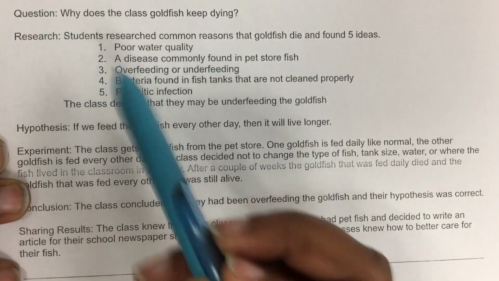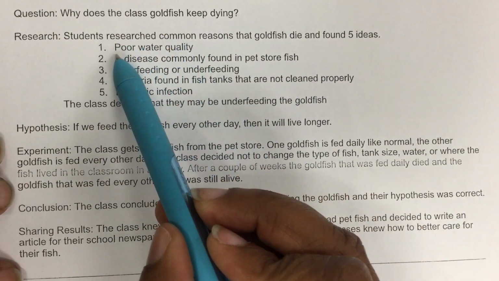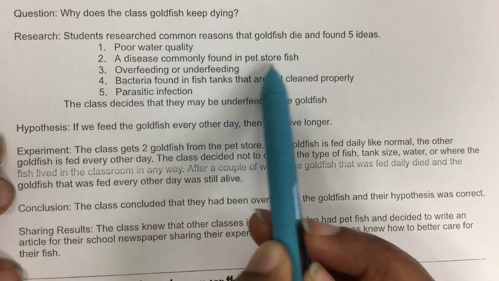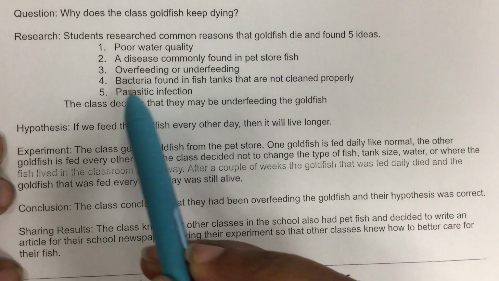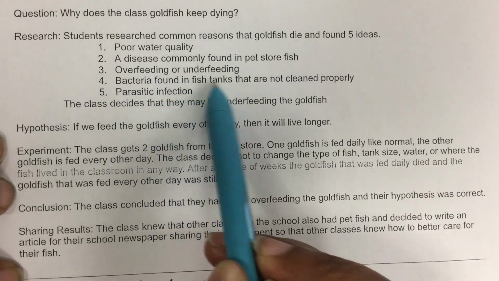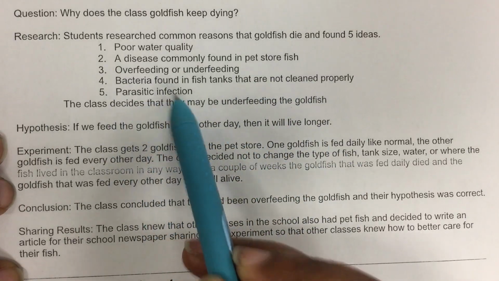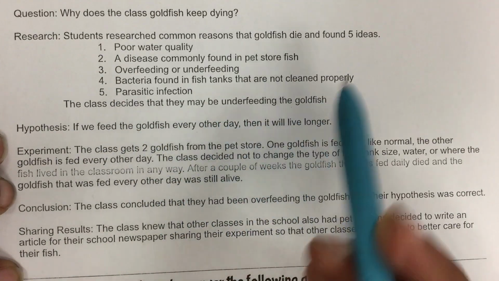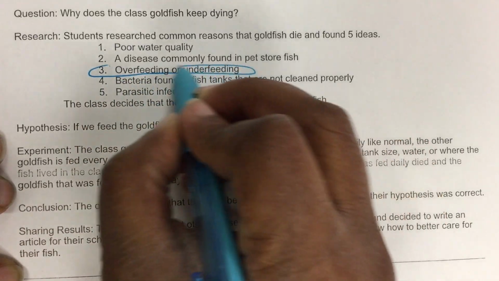The students decide to do some research and come up with 5 reasons why goldfish often die. 1, poor water quality. 2, a disease commonly found in pet store fish. 3, overfeeding or underfeeding. 4, bacteria found in fish tanks that are not cleaned properly. And 5, a parasitic infection. The class decides that they may be underfeeding their goldfish, so they're going to test number 3.